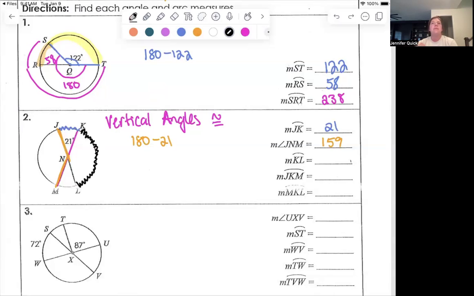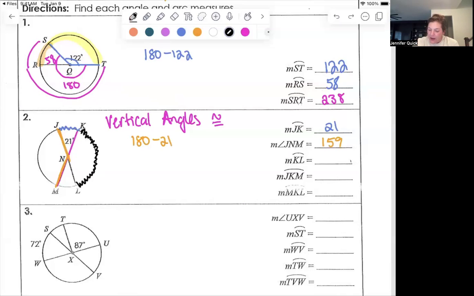So the reason some of you might be like, oh, okay, well, why can't I go the other way? Well, the other way bypasses more letters. And so they want you to go the shortest direction from K to L. Just like in either of the next two, JKM, you're going to go J straight to K and then all the way to M. So it's kind of the direction, the path that you would take.